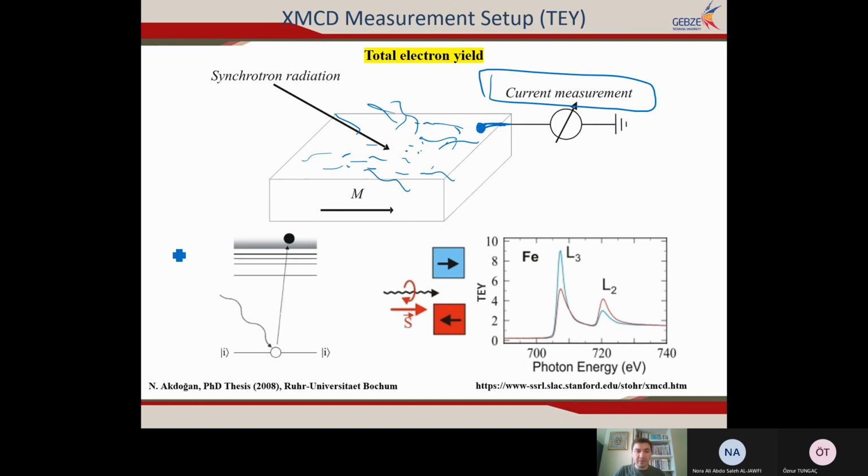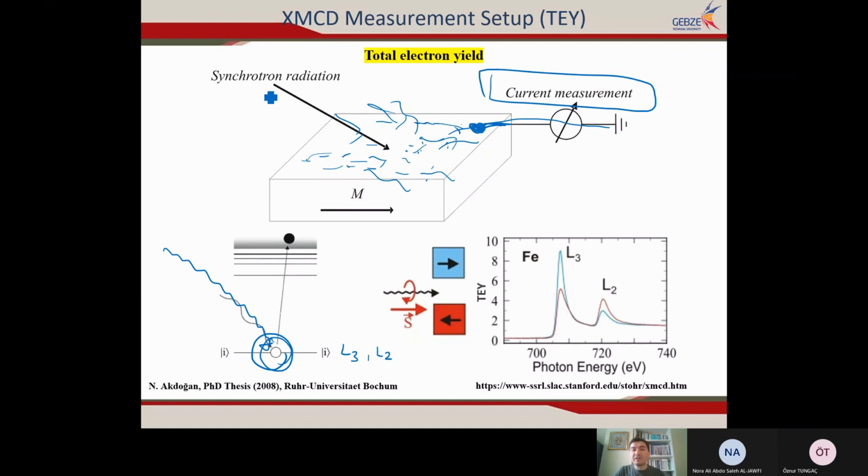The X-ray comes to the L3 and L2 edges of this element with a certain energy, and then the electron is excited and you produce photoelectrons. You can also produce Auger electrons, but mostly photoelectrons, more than 95%, which we discussed in the absorption experiments part. Then we have many electrons on the surface, and if you make a contact on the surface, you can count them and measure the current.